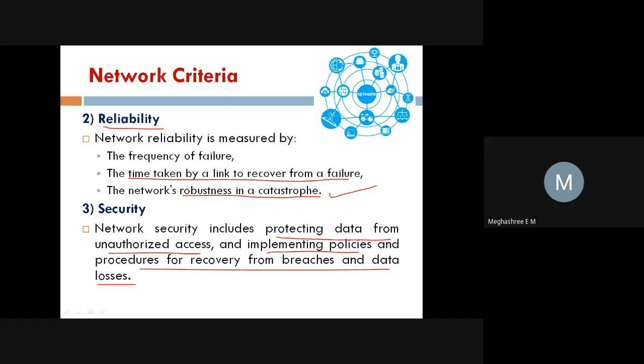Many times we read in the newspaper that users' data is leaked. Recently, with respect to Facebook, I guess, many users' data was leaked to other organizations for so and so reason. So we can consider that Facebook is not as secure as we expect. In such cases, network security should be properly provided.